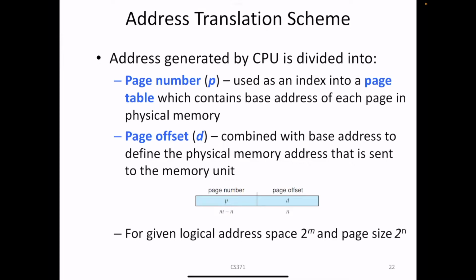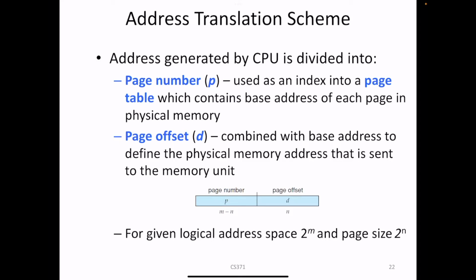One part is called the page number, denoted by P. It is used as an index in the page table, which contains the base address of each page in physical memory. The other part is called the page offset, denoted by D, which is combined with the base address to define the physical memory address that is sent to the memory unit.